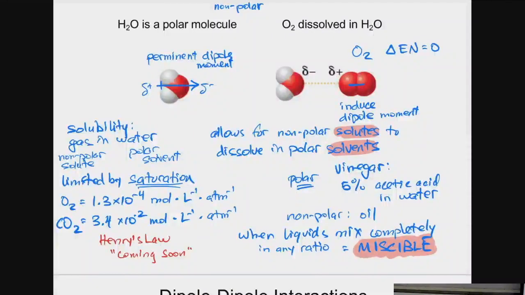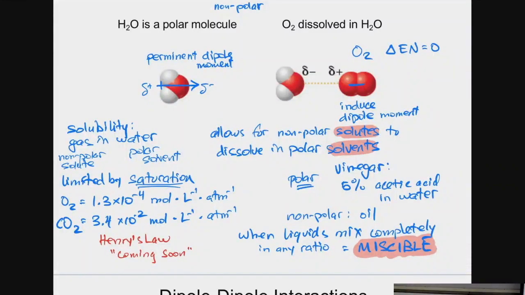Which one, for every liter and for every atmosphere, can we get more into the solution? O2 or CO2? Let's just see a show of hands. Under the same conditions, who thinks that we'll get more oxygen dissolved? Who thinks we'll get more carbon dioxide dissolved? Right, very good. That's what this number is showing you. We can get more moles of carbon dioxide dissolved per liter per atmosphere than we can of O2.